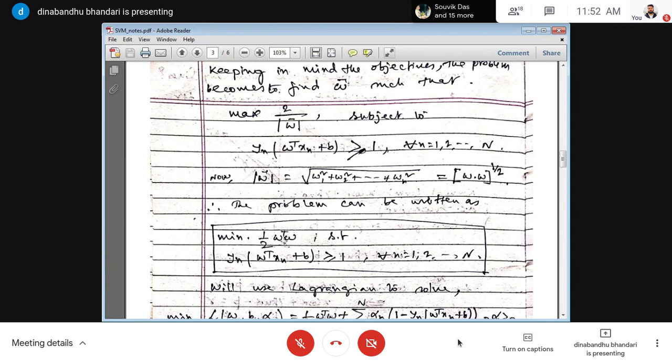This is non-linear, so it is a non-linear programming problem. And to solve a non-linear programming problem we do not need to worry: the famous Lagrange has given a technique to solve it. If any of you have studied optimization, you might have seen how to incorporate these constraints within the objective function.